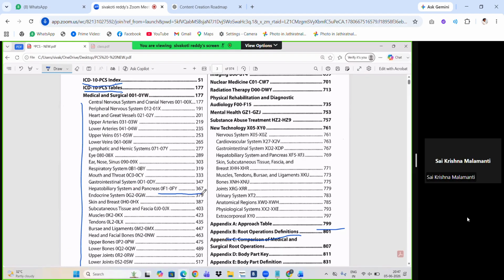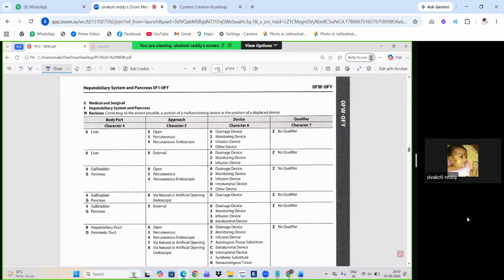You need Y, which is the ending. First you will get 1, 2, 3, A, B, C, D, F, Y. If you go to 367, you will get 0F1. If you go to 379, you will get 0G2. But if you go to the previous page, you will get 0F5 easily. So I am going to 379. It still shows 0FW because of a PDF page mismatch.